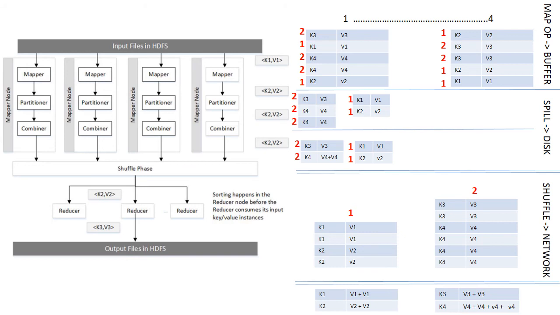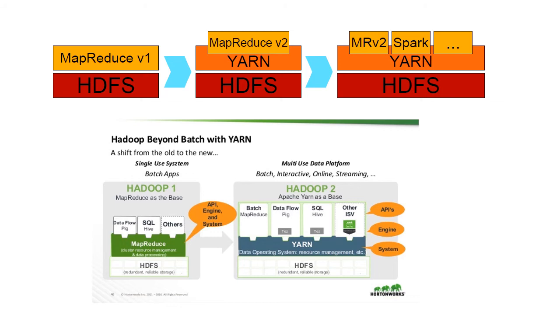Last week we looked at the evolution of the Hadoop system, or the Hadoop ecosystem. In Hadoop 1.0, you had a simple HDFS and MapReduce on it.